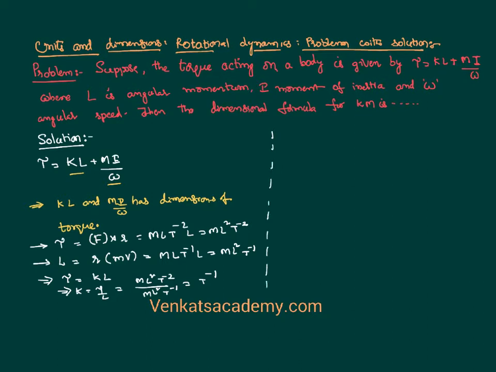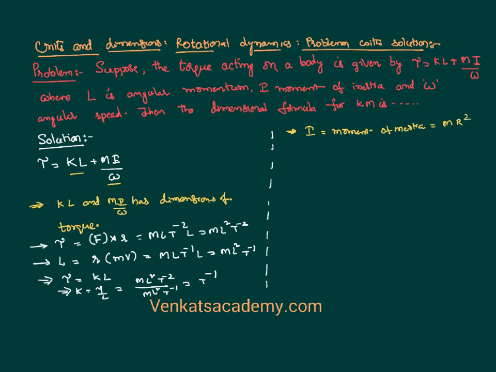Let us similarly try to solve the next part of the problem. Again, M I don't know, but it is given that I is called moment of inertia. Moment of inertia has a mathematical form of sigma m r square or m k square.